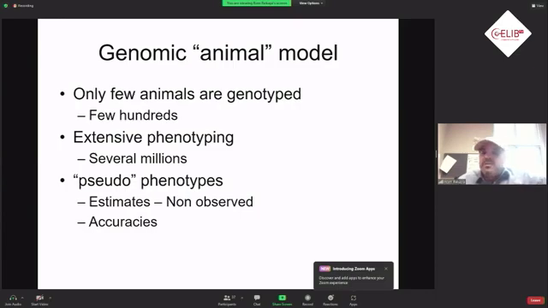But that has a lot of problems, because if you use an estimated breeding value as if it were a phenotype, a breeding value has a prediction error variance, so it has an uncertainty attached to it. If you ignore that uncertainty and suddenly assume it was an observed trait and model it, it has some statistical risks attached to it.